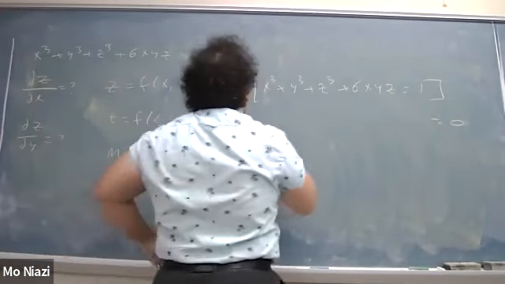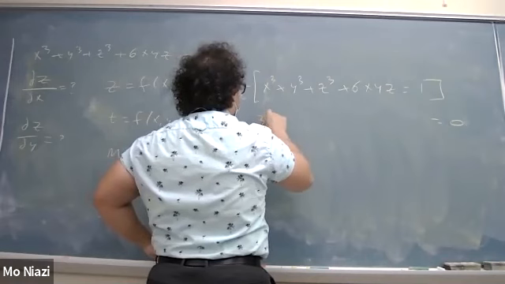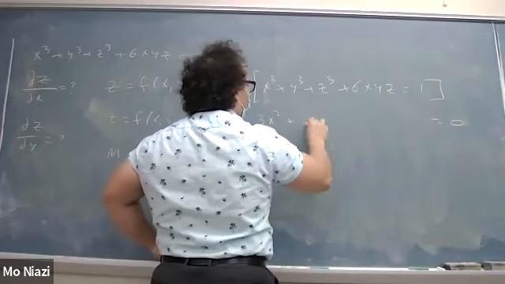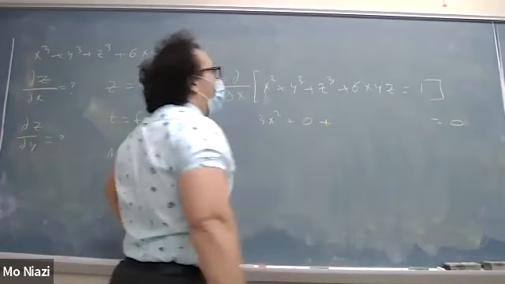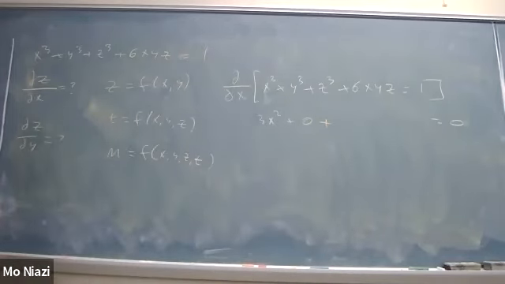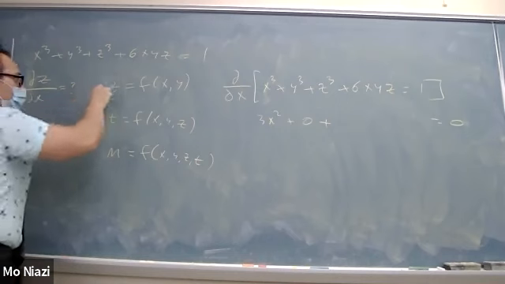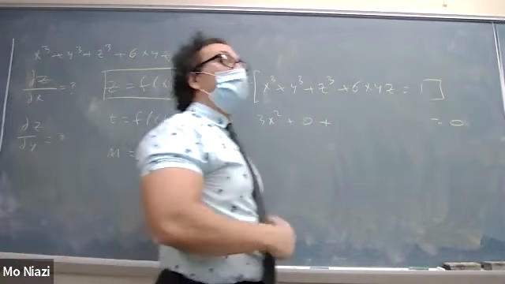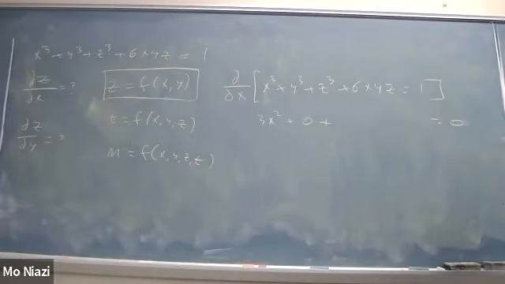Partial x of x cubed is 3x squared. Partial x of y cubed is 0. Now, what is the partial x of z cubed? You must recall that z is really secretly a function in the variables x and y. So partial x of z cubed can't just equal 0, because z secretly has variables of x and y in it.